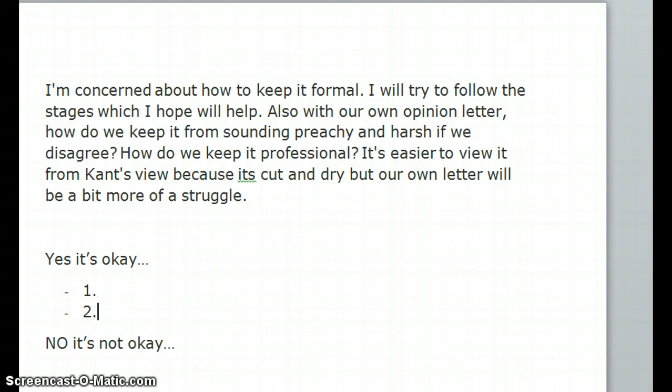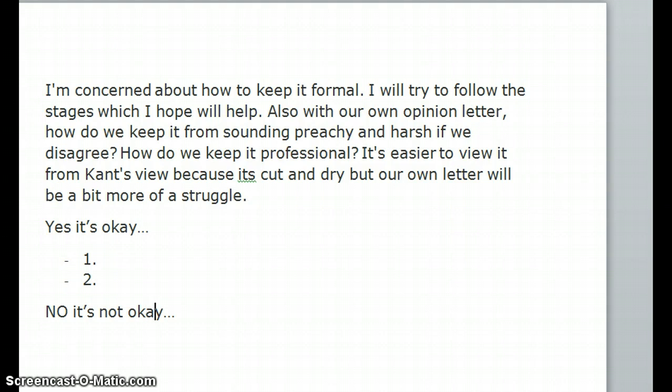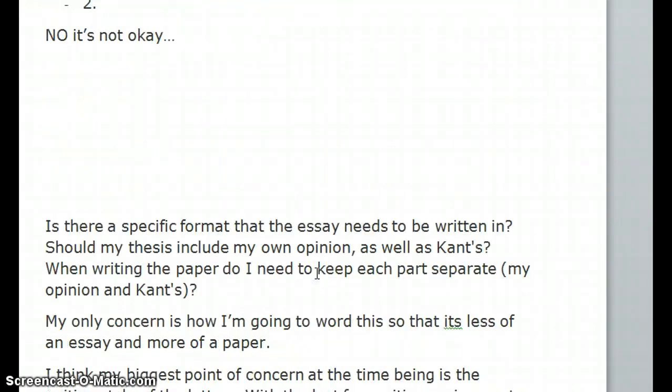And if you can't articulate reasons, then maybe you have to revisit whether or not you actually do think it's okay. So come up with a couple of reasons, just like Kant does. Your reasons may be different from his, even if you agree with his conclusion. But once you start putting your feelings down into actual articulated reasons, I think you're going to find it's easier to build an argument around that.